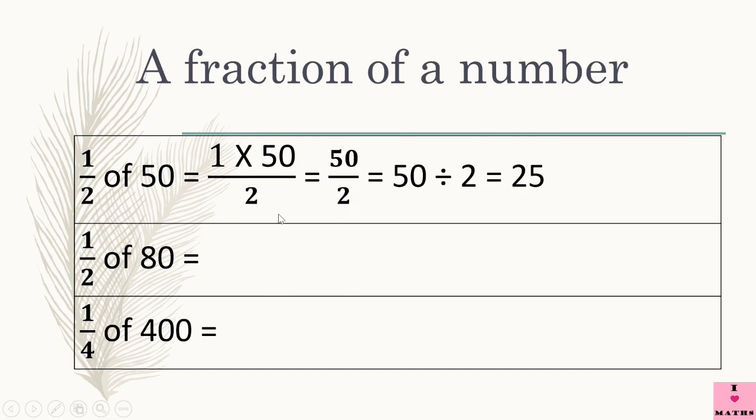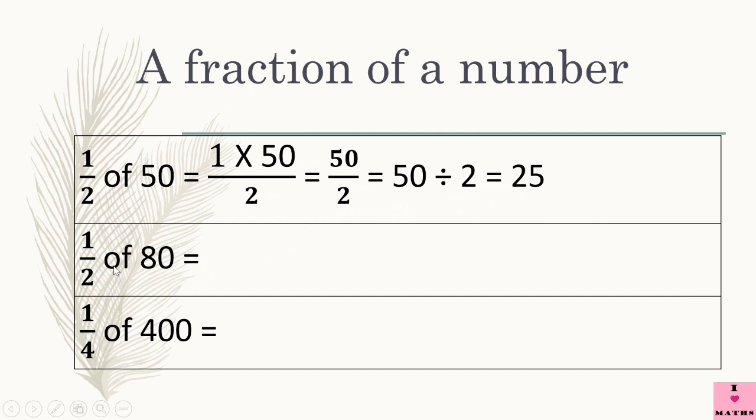But children, this calculation is very important for some kind of sums when we will not be able to do it mentally. Okay, let's proceed further. Half of 80. Half of 80 is 40. We all know that. Let us do it mathematically.